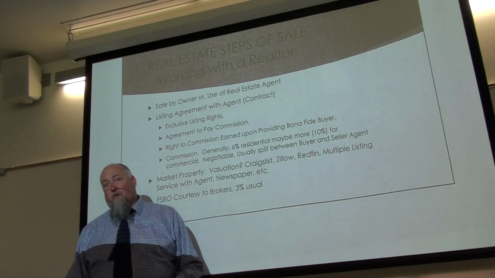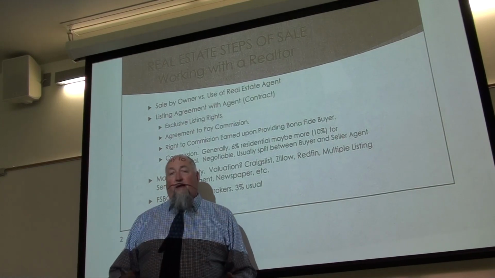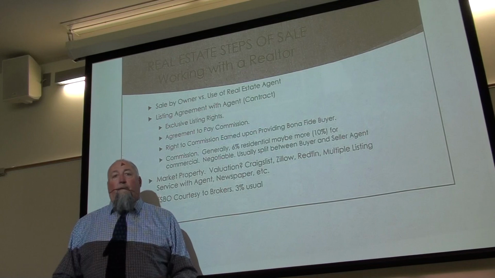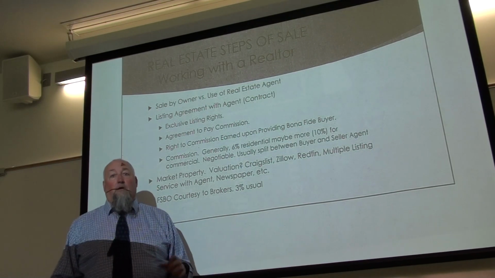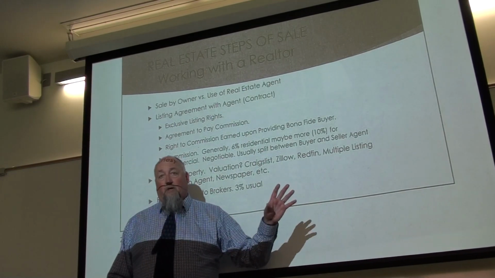So what that means is if they bring you a buyer that is bona fide, meaning they have the financial ability to buy the property, etc., and then you change your mind, you don't want to sell anymore, you may still owe the commission to the real estate agent for bailing on the deal.